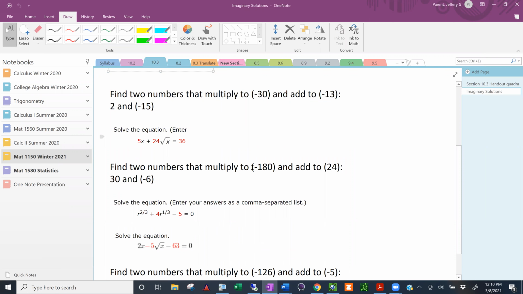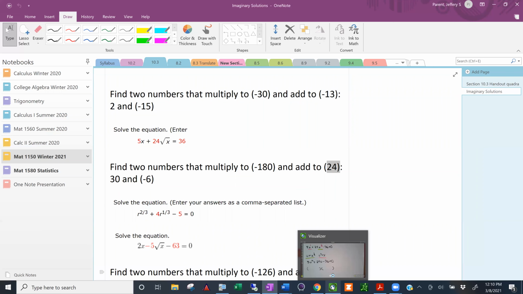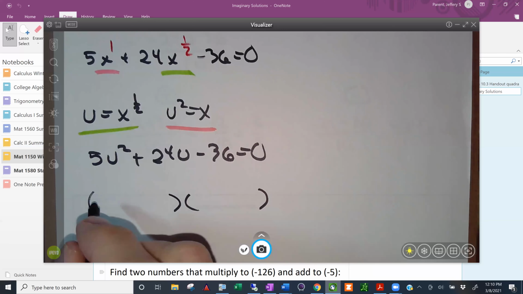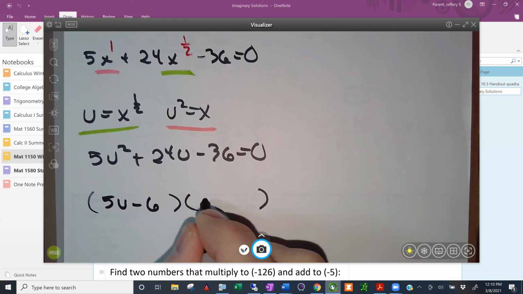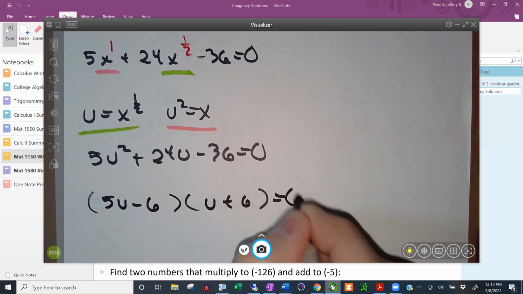It'd be 5 times -36 is -180, add to 24. So what 2 numbers do that? 30 and -6. It's a lot of work. Eventually it's going to factor down to 5u minus 6 times u plus 6 equals 0. And if you can do that, great.